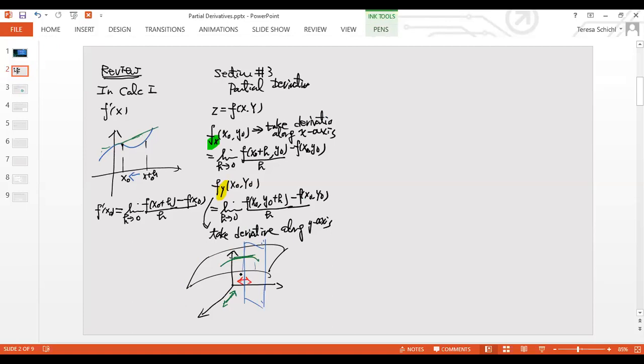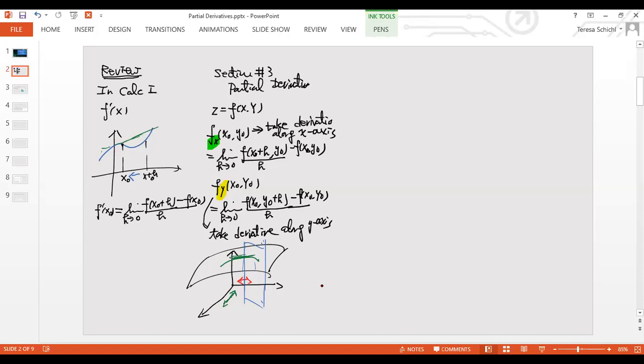When you do a cross section with a plane, the tangent lines on top of these curves are: f sub x along the x-axis and f sub y along the y-axis.